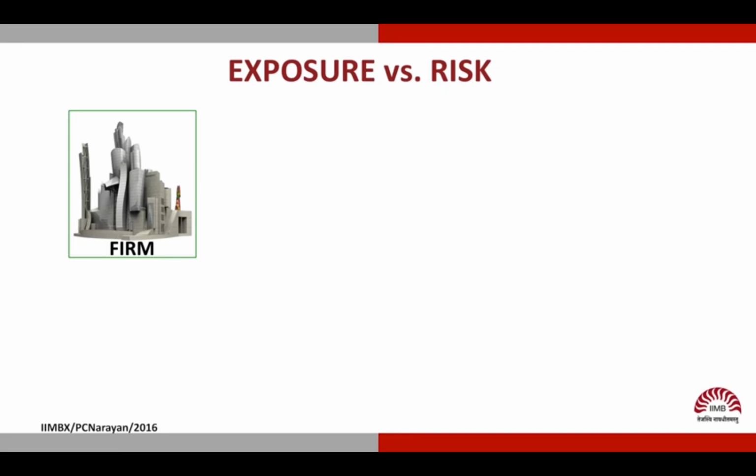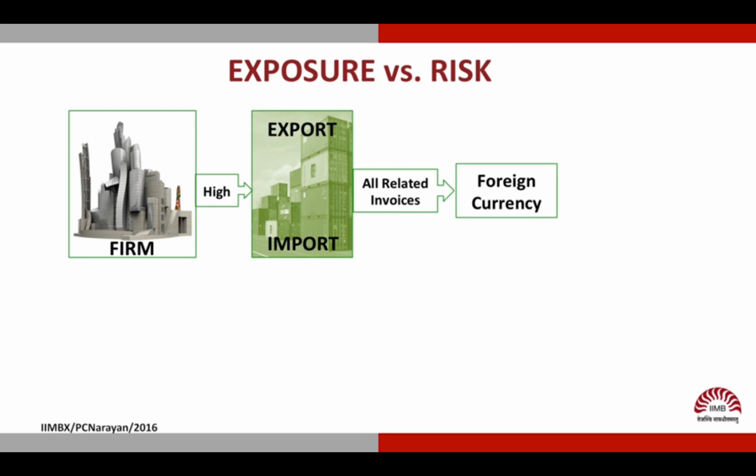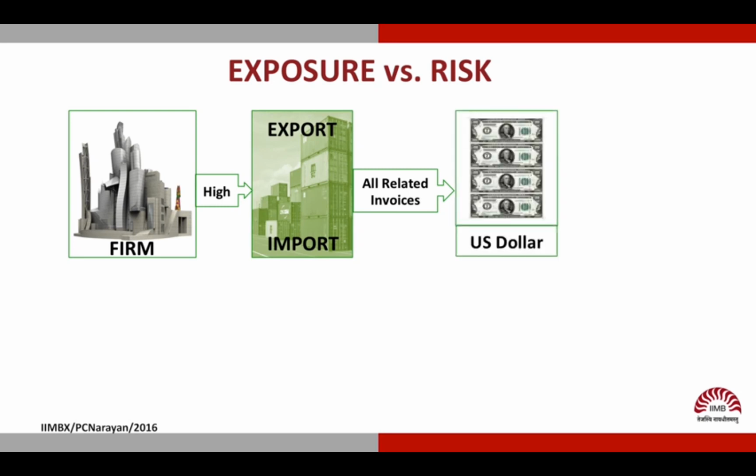At this juncture, it is important for us to understand the difference between exposure and risk. Let us say a firm has a very high level of exports and imports as part of its business, and all related invoices are in a foreign currency, say US dollars.